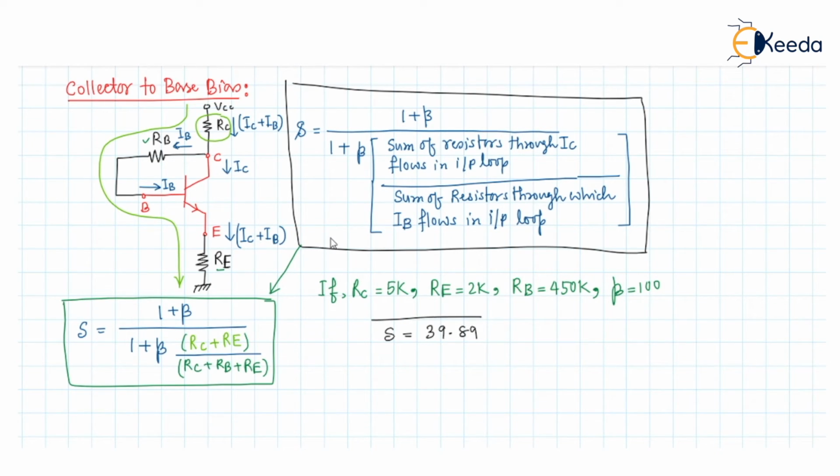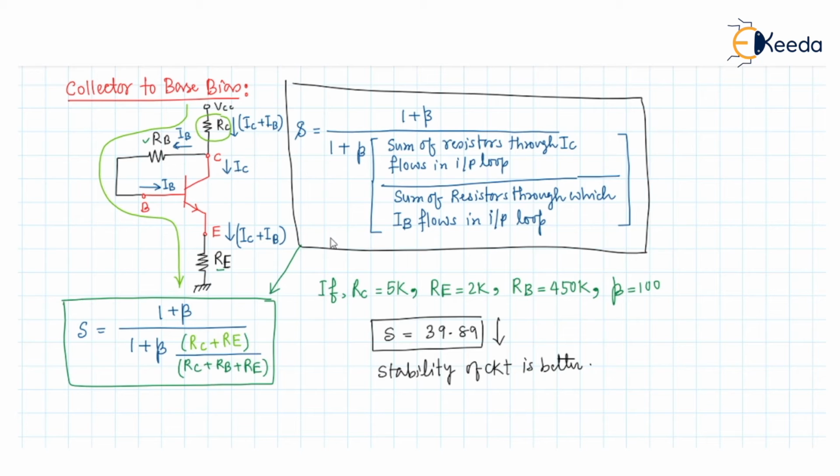So we can see the stability factor value has decreased from a very high value. Previously it was near about 83.15. Now we have got 39.89. That means the stability of the circuit is better now.